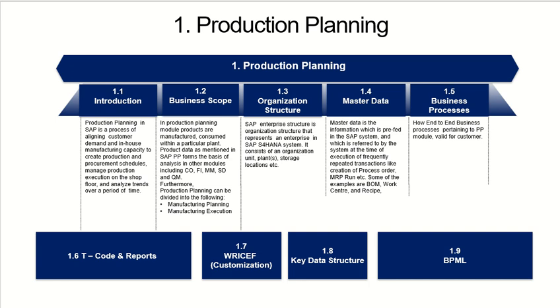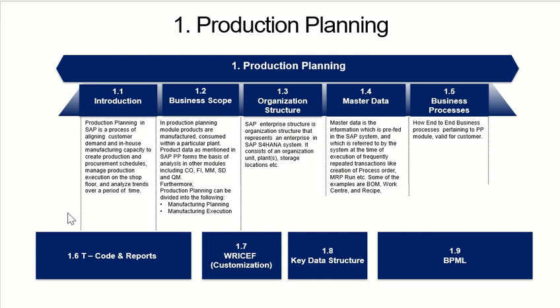In later videos we will go deeper into T-codes, reports, customizations, key data structures, and business process master lists. In this video we will just discuss the overview of production planning, and later make a special video for key data structures and a special video for the business process manufacturing list and master list.